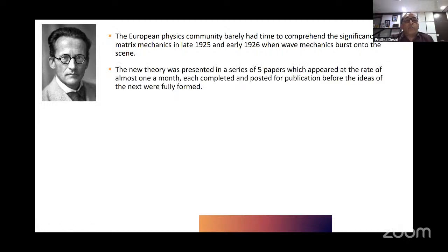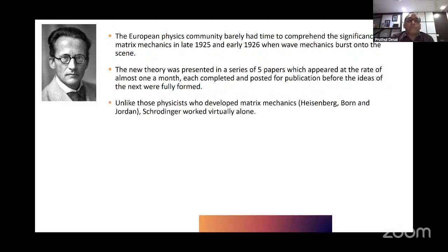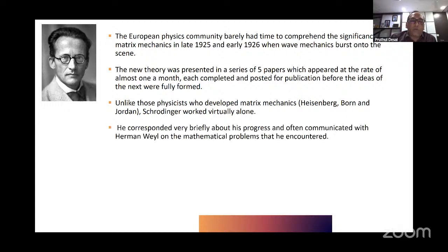This new theory was presented by Schrodinger in a series of 5 papers, which appeared almost at a rate of 1 paper per month. And you'll be surprised, he completed a paper and posted it for publication before the ideas of the next were fully formed. Unlike those physicists who developed matrix mechanics, Schrodinger worked virtually alone.